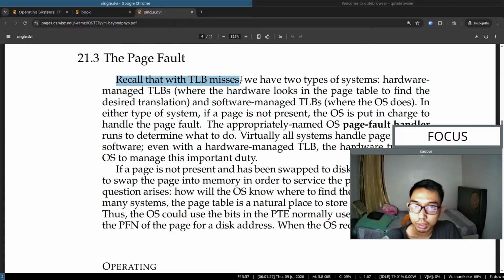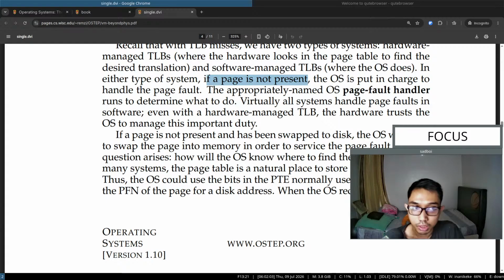Recall that with a TLB miss, we have two types of systems. Hardware managed TLB, where the hardware looks in the page table to find the desired translation, and a software managed TLB, where the operating system does. In either type of system, if a page is not present, the operating system is put in charge to handle the page fault.